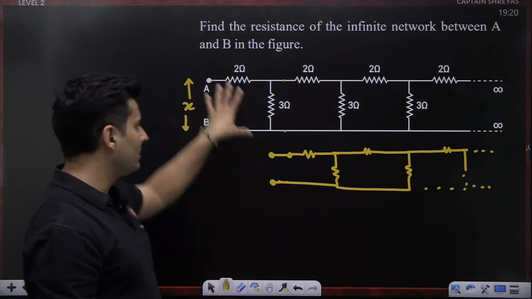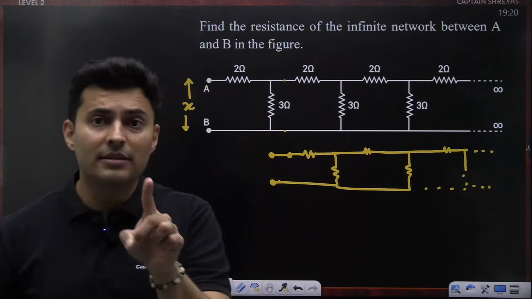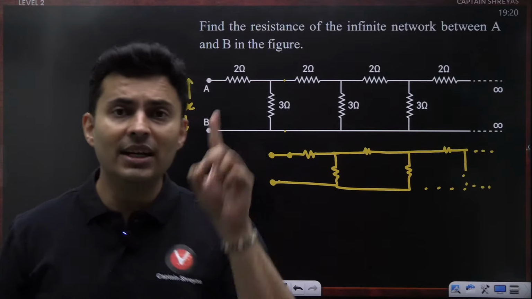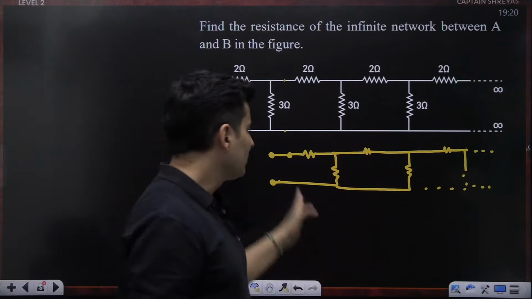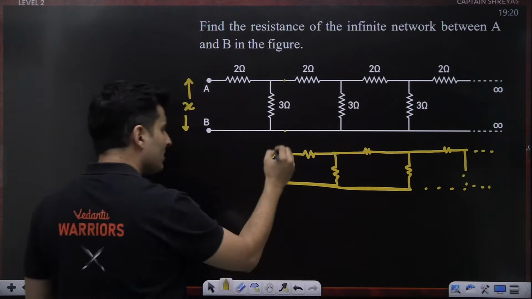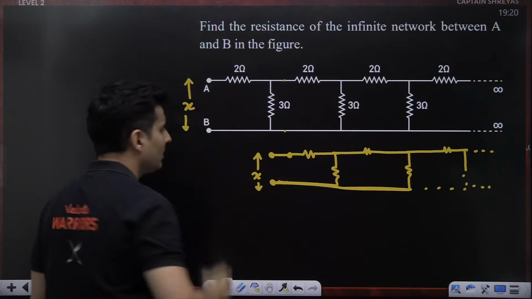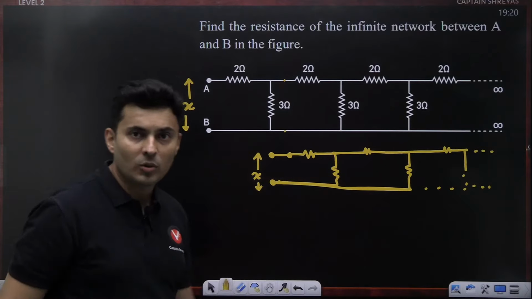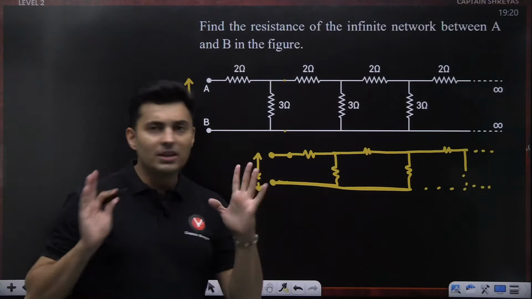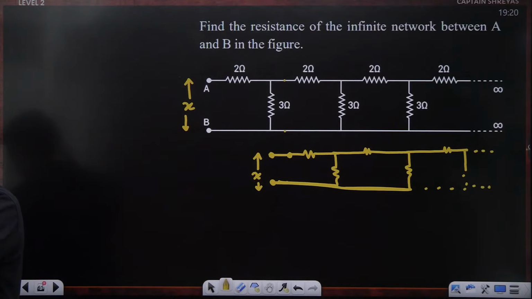You will be like, sir, this is 1 less than infinity. But do not forget, infinity minus 1 is also infinity. Infinity plus 1 is also infinity. So strictly speaking, this particular diagram is also going to have the same resistance X only. Do you guys agree with this statement or not? Everybody give me a thumbs up in the chat box right now.